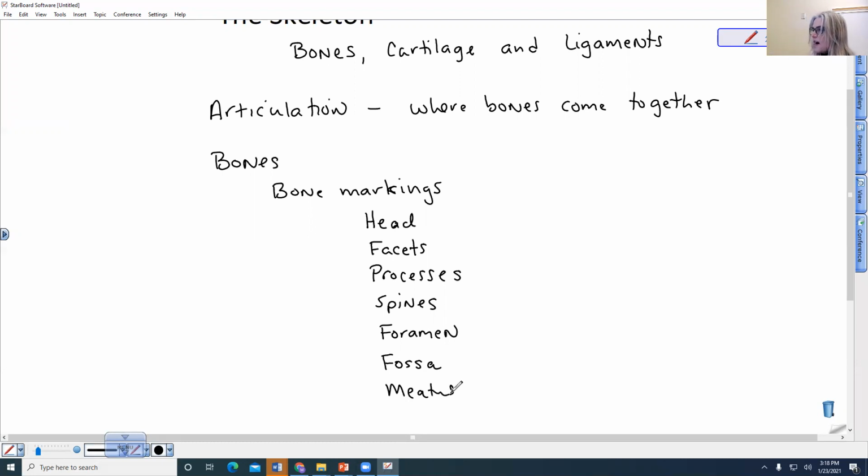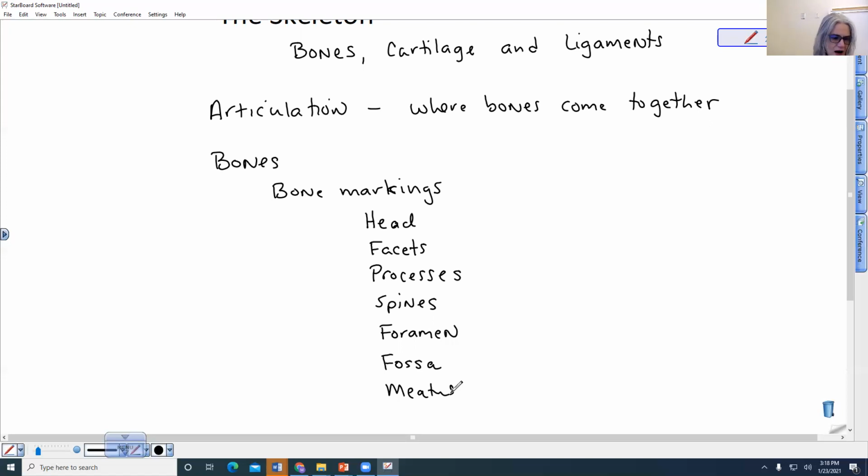So in the skull, for example, we have the external acoustic meatus, and that is the opening of your ear canal. That's not the cartilage part; if we look at the skull, we can actually see there's a hole in the skull that then goes into the middle ear and into the inner ear region.